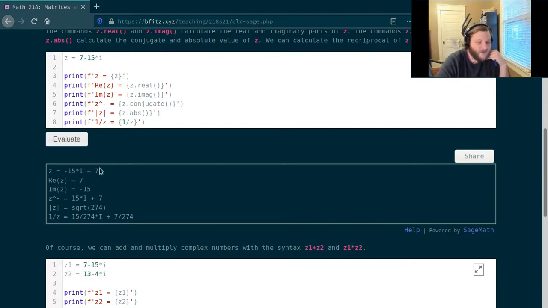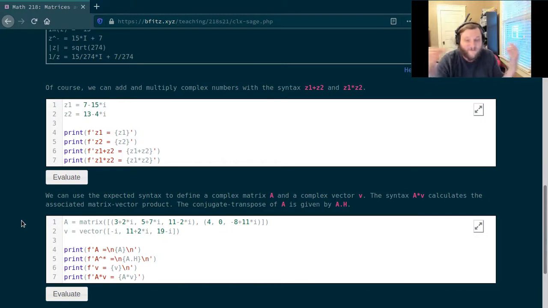So in this case, we should get 7 divided by 274, which we do. And the imaginary part is the negation of the original imaginary part divided by the square of the absolute value. So here we should get 15 divided by 274, which is exactly what we get.